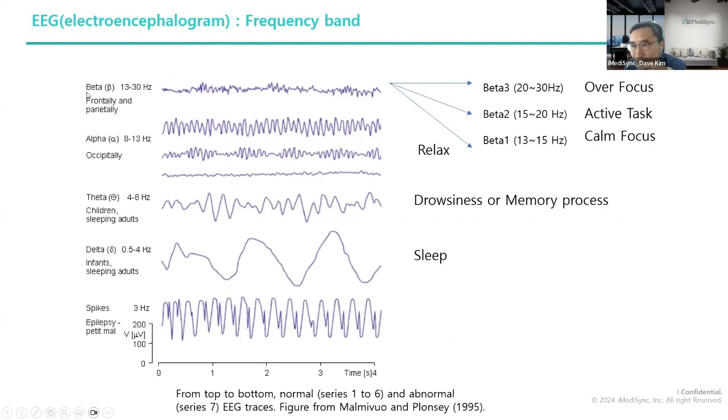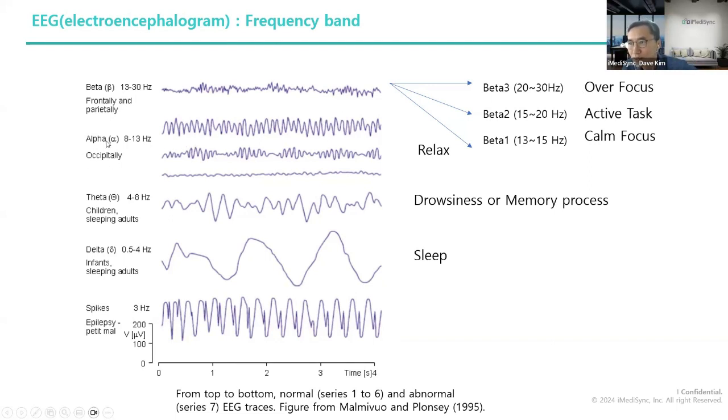EEG rhythms we call the beta rhythm, alpha rhythm, theta rhythm, and delta rhythm. This is the real amplitude. Y-axis is real amplitude, X-axis is the time scale, and the beta rhythm is a very fast rhythm, usually frontal and parietal. And this beta rhythm is divided into beta 1 to 3. Beta 1 is calm focus, 2 is active focus, 3 is over focus.